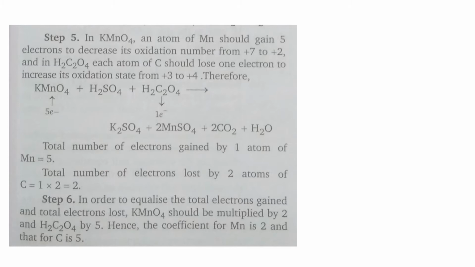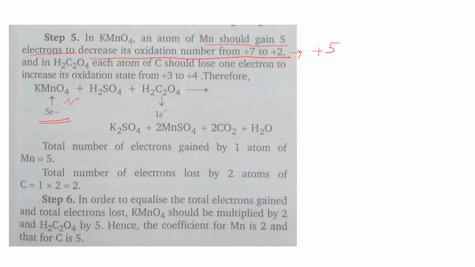In KMnO4, an atom of Mn should gain 5 electrons to decrease its oxidation number from +7 to +2. That means the change in oxidation number is 5. So this manganese on the left hand side should gain 5 electrons. The arrow is showing that it is gaining 5 electrons.